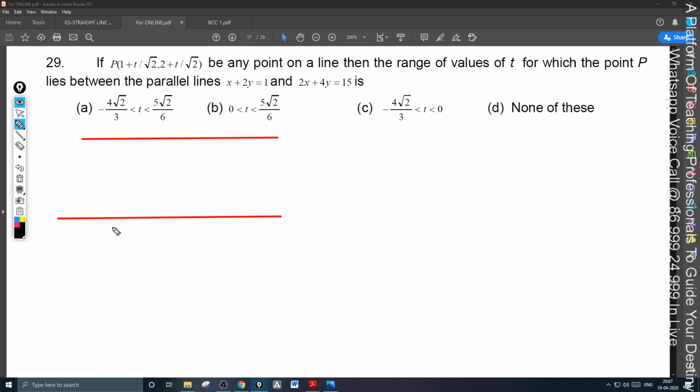Let me write this line also as 2x plus 4y minus 2 equal to 0. And this line is 2x plus 4y minus 15 equal to 0. These are the two lines given, please.